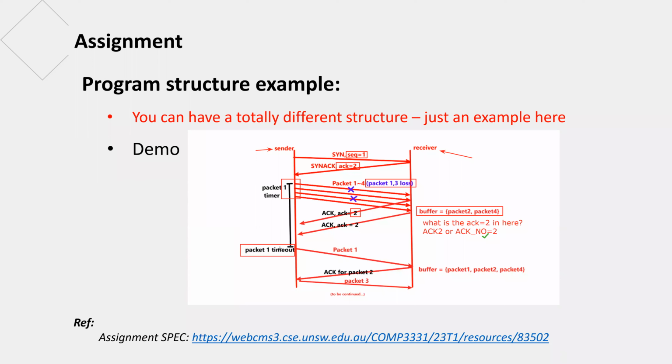Then we will send the oldest packet again, which is packet 1, right? And then we will have a new timer for the oldest packet. In this case, we send packet 1 again and we already get it, so it's time to send packet 3.